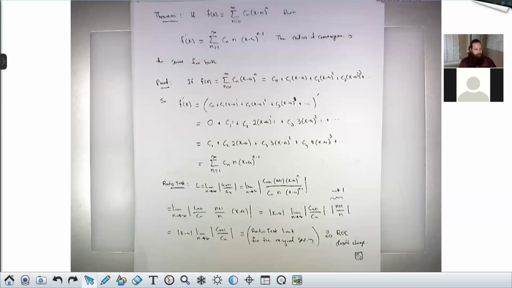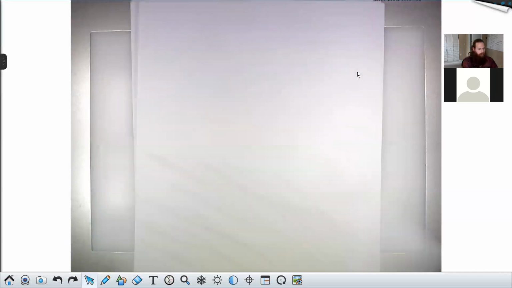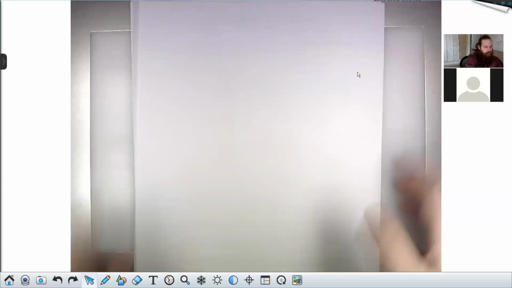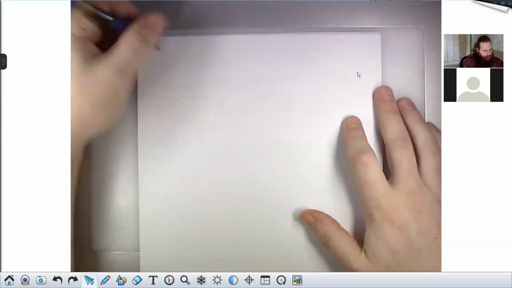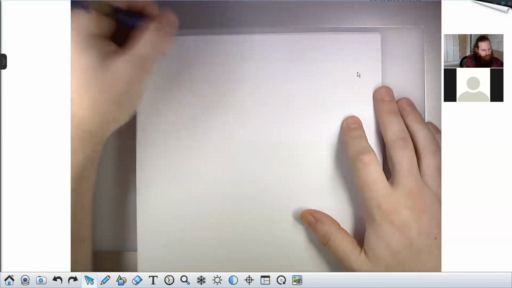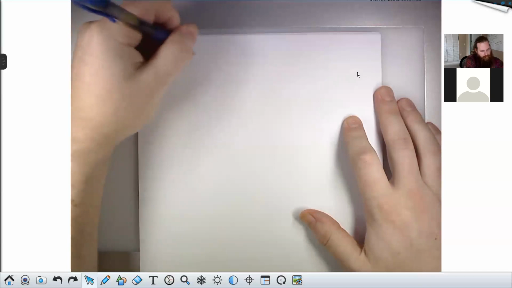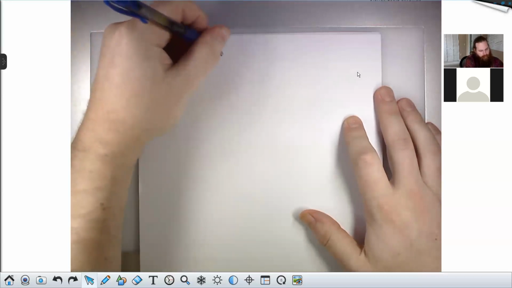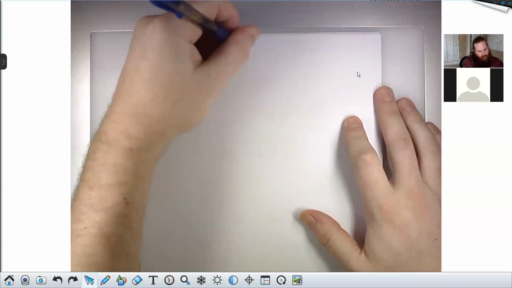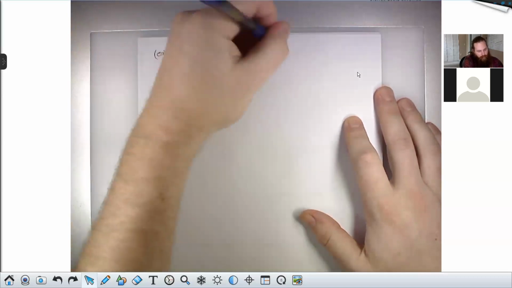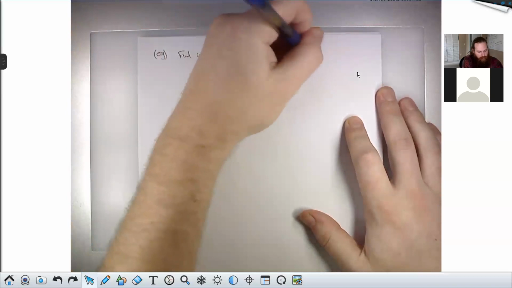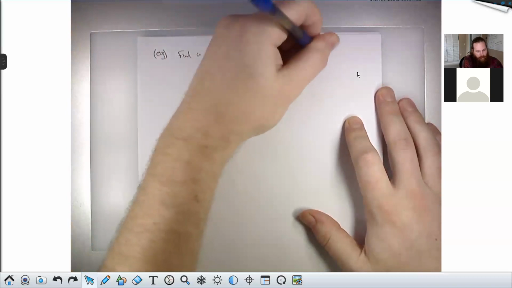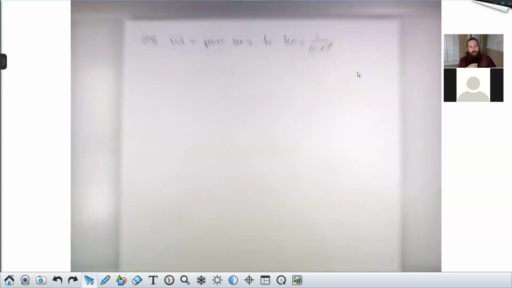An example. I said the hardest problem in your homework was that conceptual one about intervals of convergence. But the problem that's going to take you the longest is the one that's similar to this.